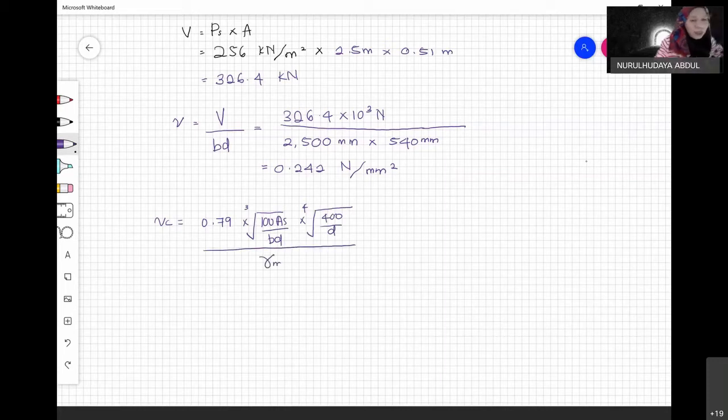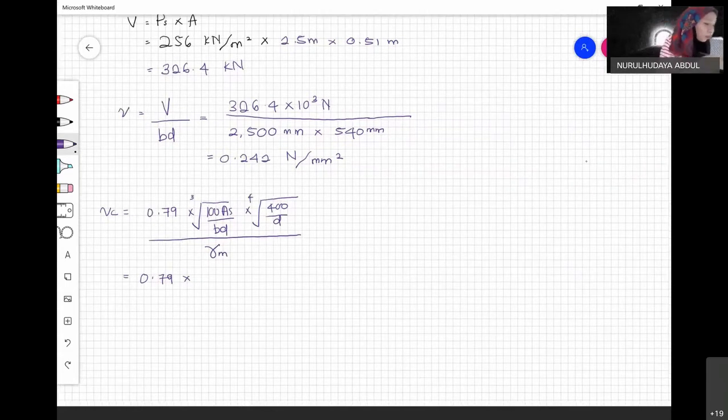And 100 AS divided by BD as usual, I suggest kita kira separately outside. Kita tak kira inside this formula yang already that complicated for us to see. So kita kira kat luar lah, 100 AS divided by BD.